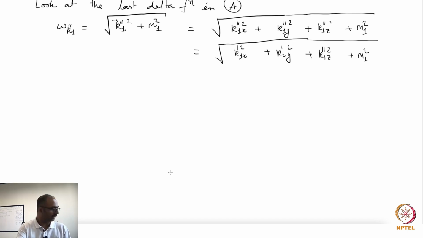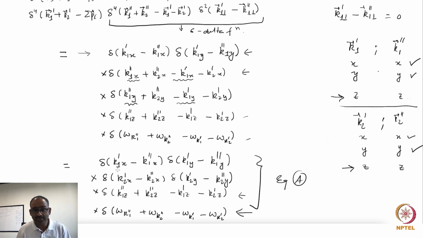Now, omega k1 double prime minus omega k1 prime is equal to 0. See, that is omega k1 double prime minus omega k1 prime. These two together could give you 0, and omega k2 double prime minus omega k2 prime could also give you 0.